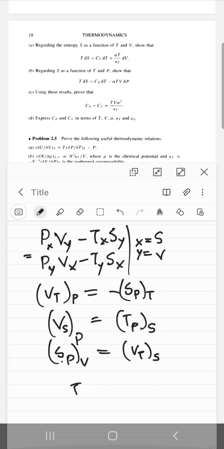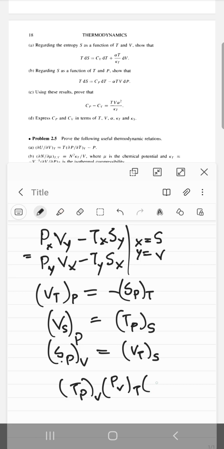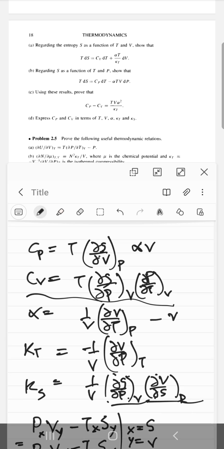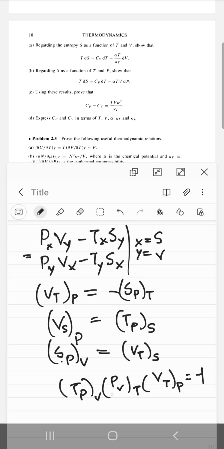Yeah, right. So T sub P at constant volume, and then P sub V at constant temperature, and then V sub T at constant pressure. That would be equal to -1, I suppose. And so since this thing is P sub T at constant volume, this goes over there and we just get minus P sub V at constant temperature and V sub T at constant pressure.